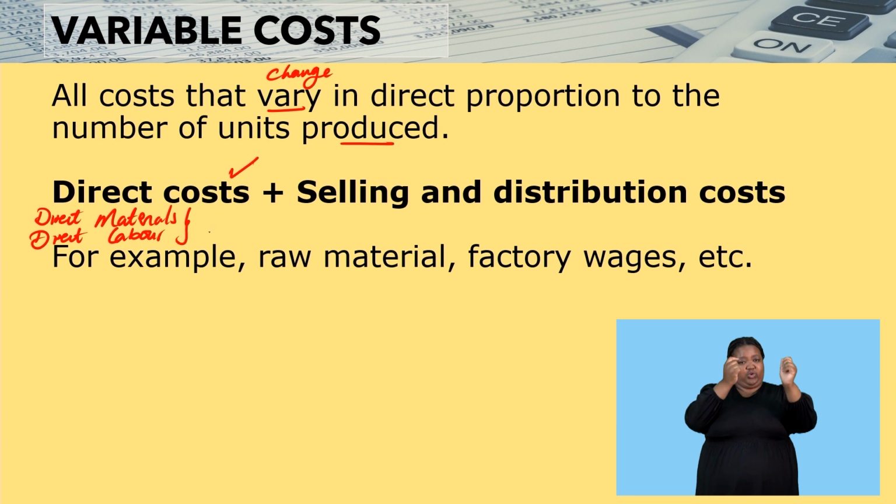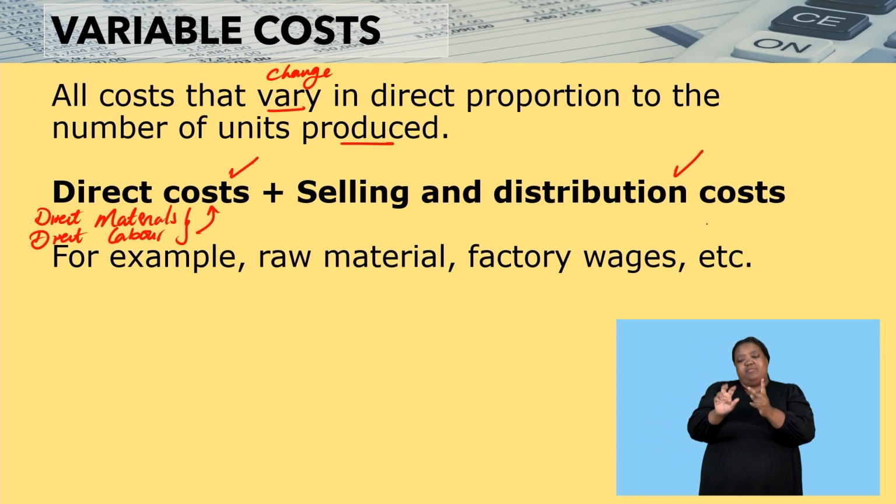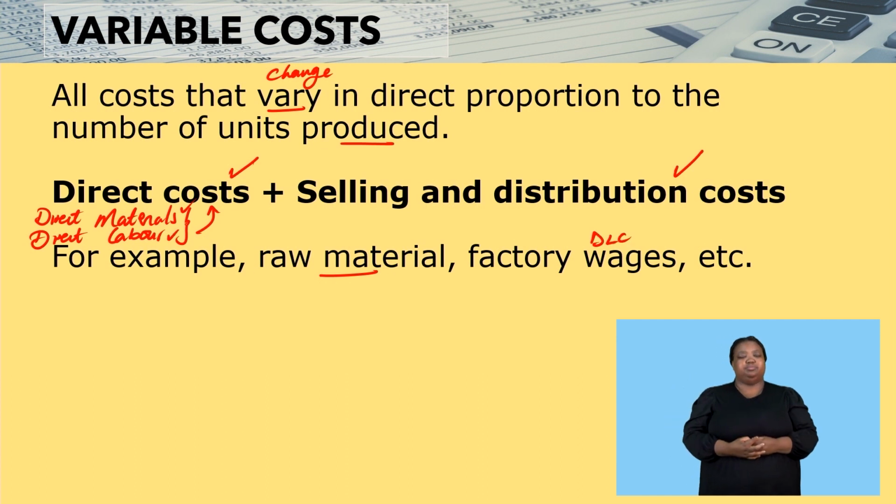These are your direct costs. So we say direct cost plus selling and distribution costs. So these two give us what we call variable cost. For example, raw materials, that is your direct materials. Factory wages, this is your direct labor cost.